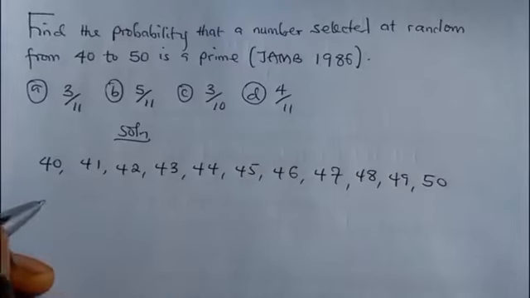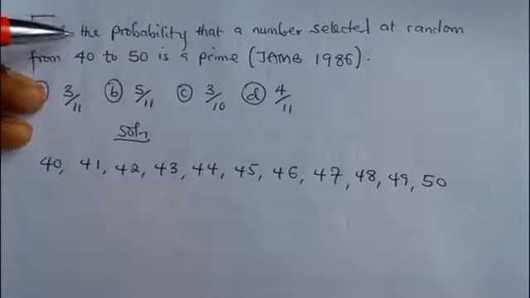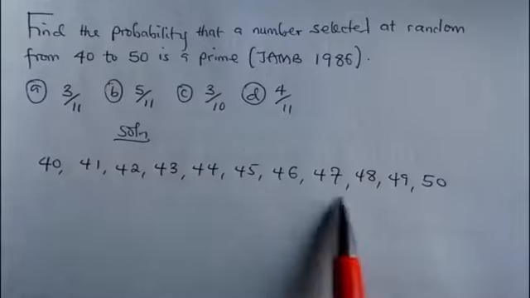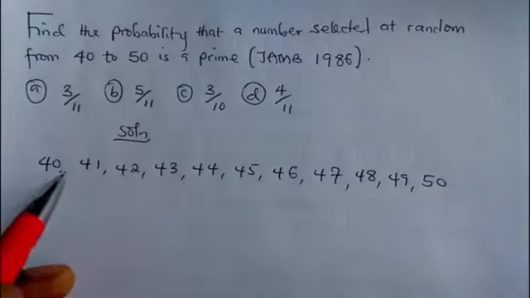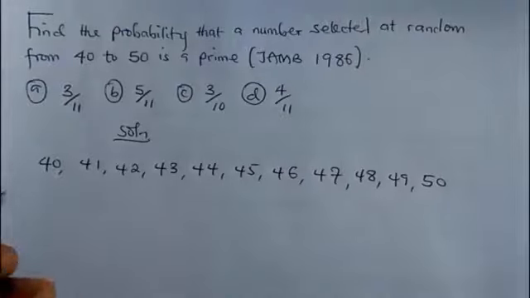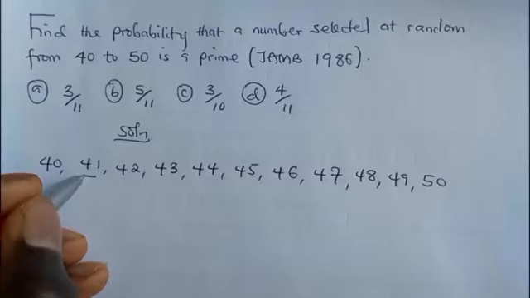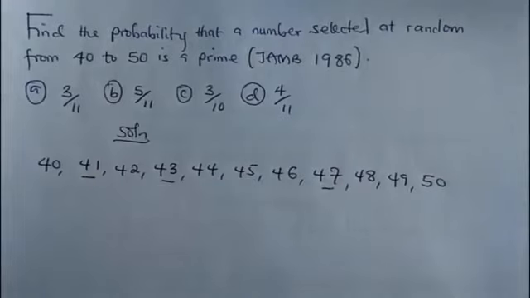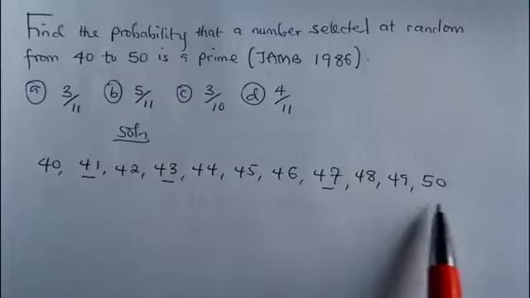Now, what is probability? Probability simply is the ratio of favorable outcome over the possible outcome. The favorable outcome in this case is going to be numbers that are prime, all divided by the possible outcome or the total outcome. The total here we have 11 numbers. But when you look closely at this, we have 41, 43, and 47 as the only prime numbers within these numbers given here.